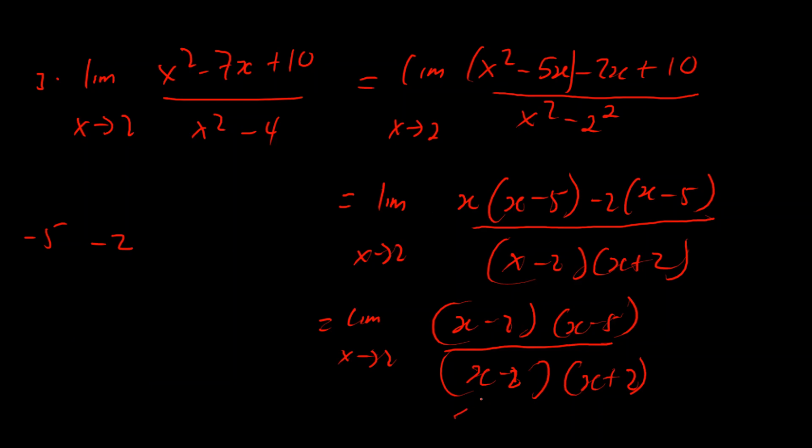And so x minus 2 cancel out. Then we have the limit as x approaches 2 of the function x minus 5 over x plus 2. So now f of x, which is a rational function, is now in its simplest form, that is x minus 5 over x plus 2.